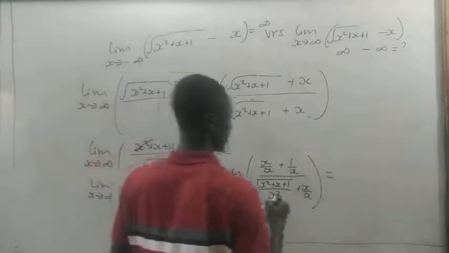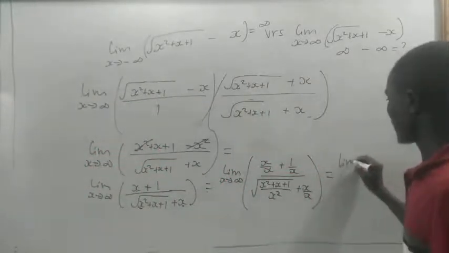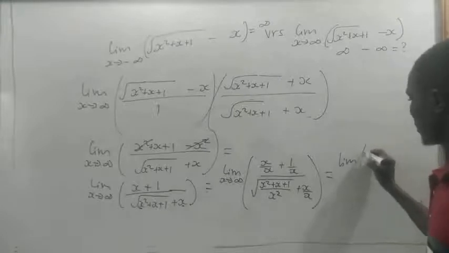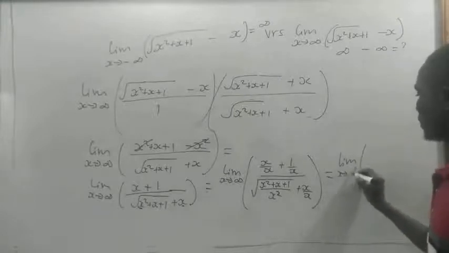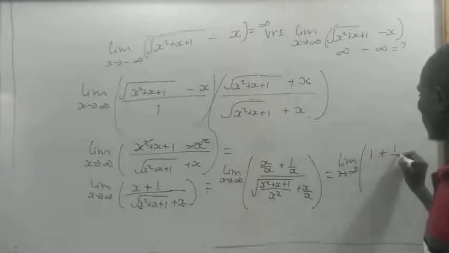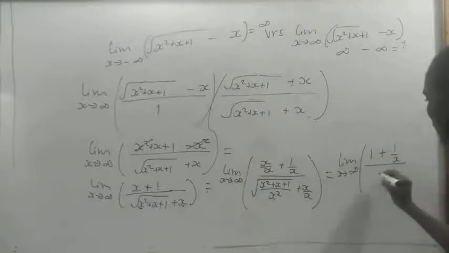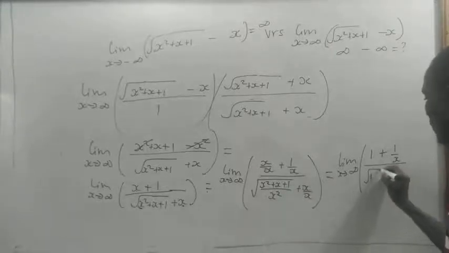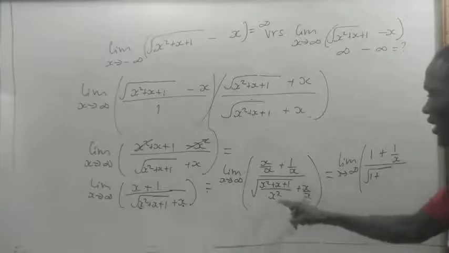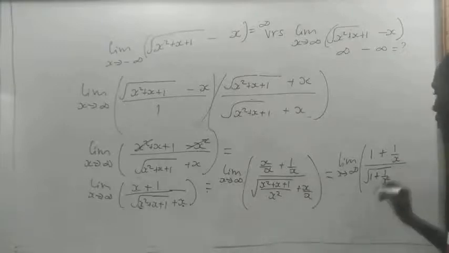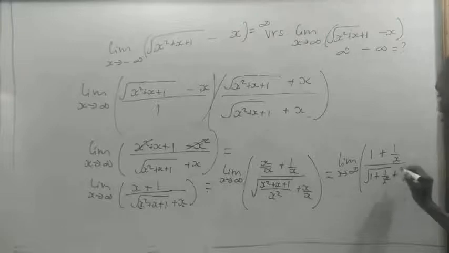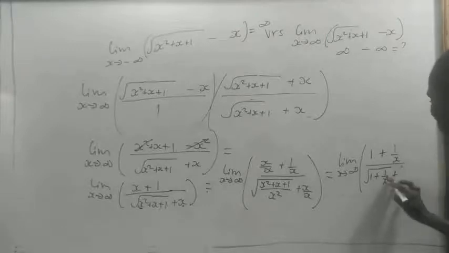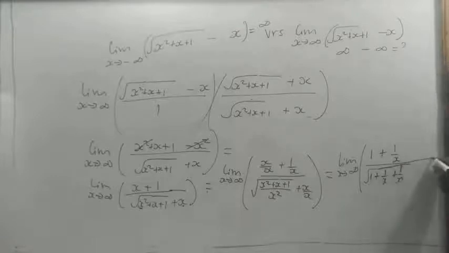So this will give us the limit as x approaches infinity, 1 plus 1 divided by x, all divided by square root of x squared will cancel x squared, we have 1 plus x divided by x squared gives us 1 on x squared, plus 1 on x, rather, plus 1 on x squared plus 1. That's what we are going to get.